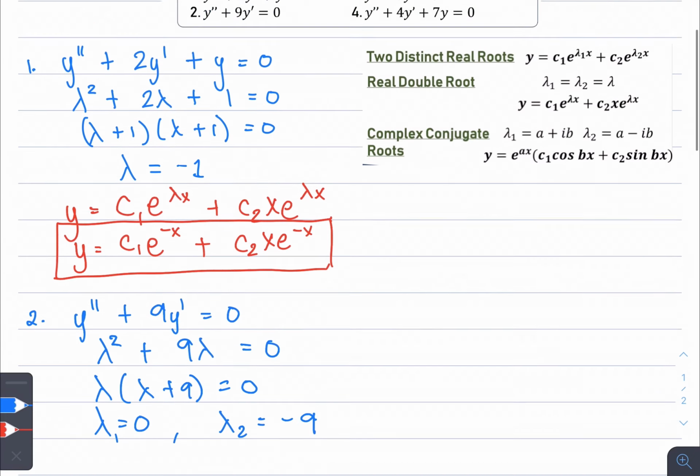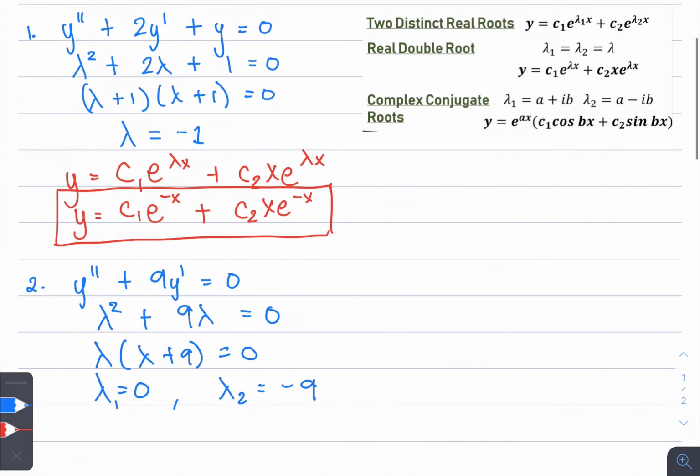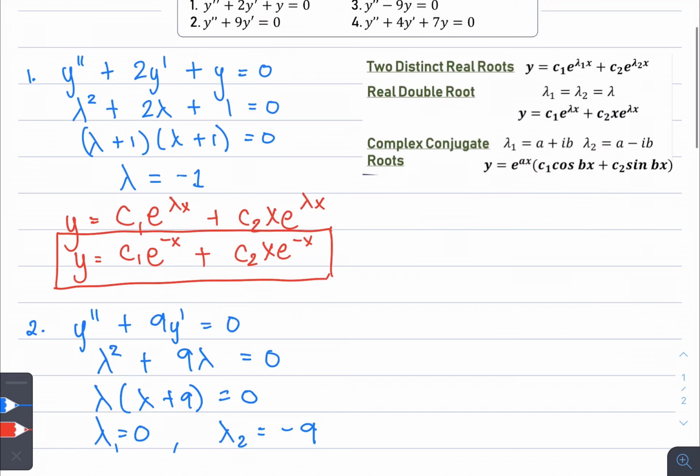So let's look at our código, our guide. From here, we have two distinct real roots, which are 0 and negative 9. So we will follow the format y equals c sub 1 e lambda 1 x plus c sub 2 e lambda 2 x.